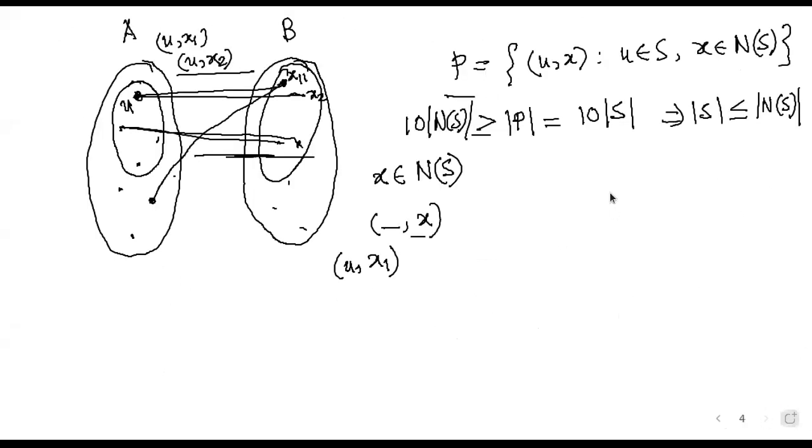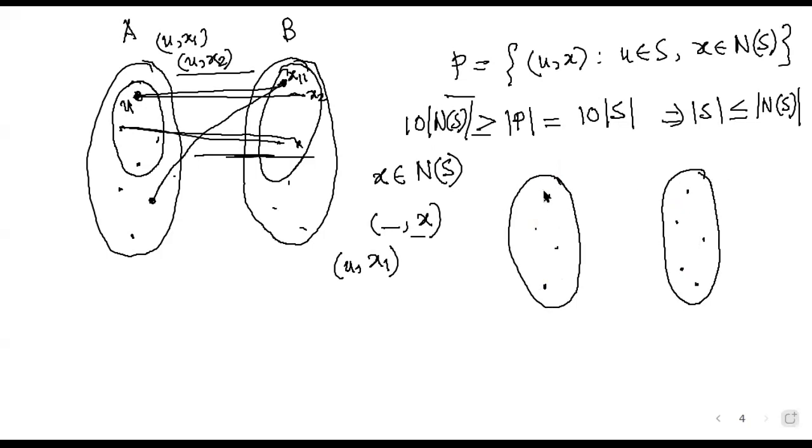What is a matching? A matching is, if you have a bipartite graph here, say this is a bipartite graph, right? And if you have a matching of the size of A, it means each of A's elements has a pair here.